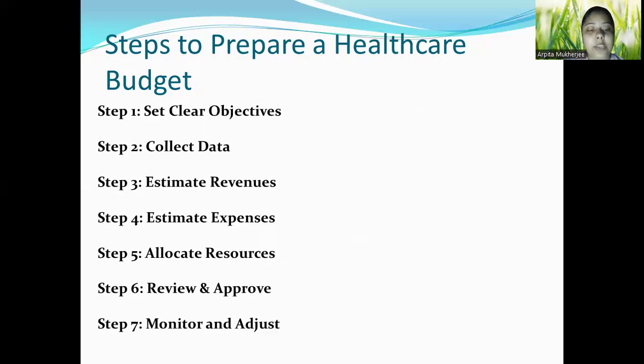Present the draft budget to the management or governing board, make necessary revisions and obtain the approvals. And the last step is monitoring and adjustments. Continuously track spending versus the budget, and make adjustments if income drops or emergencies occur. So these were some of the steps that we need to follow while preparing the budget for any healthcare organization.